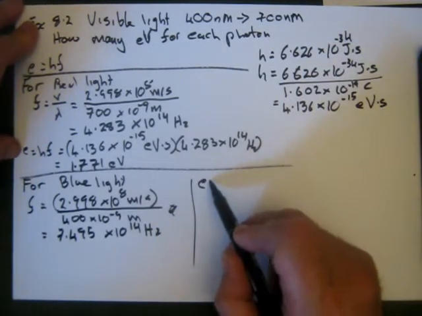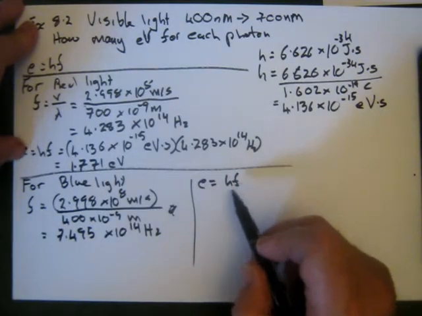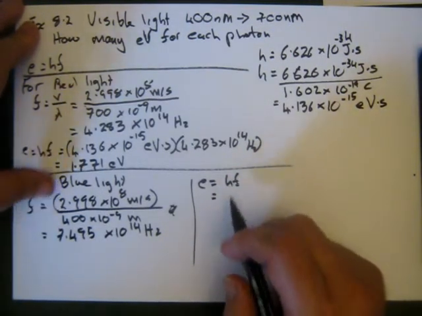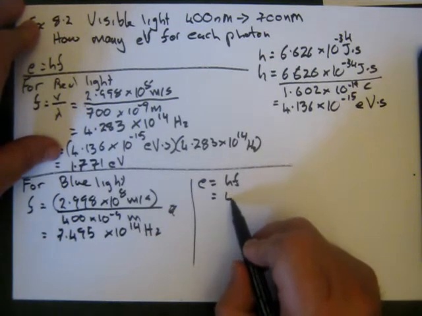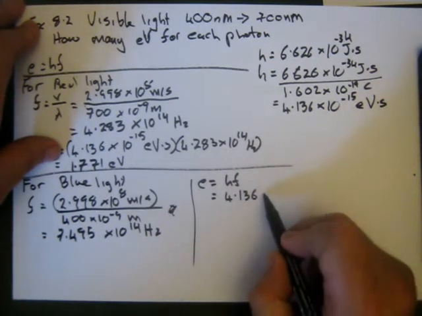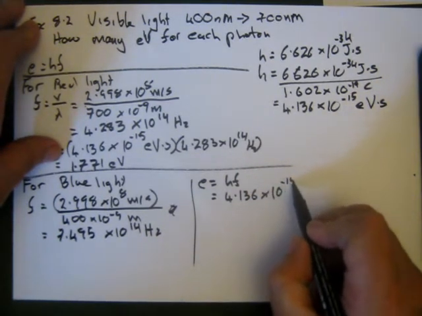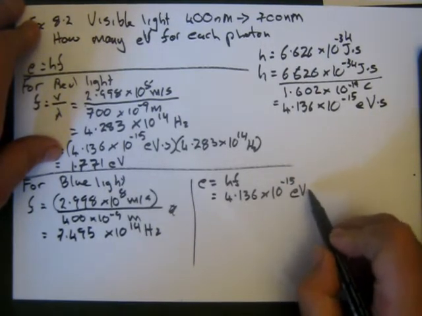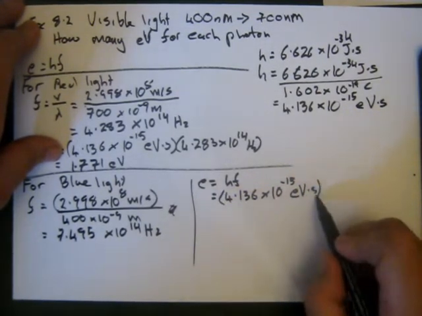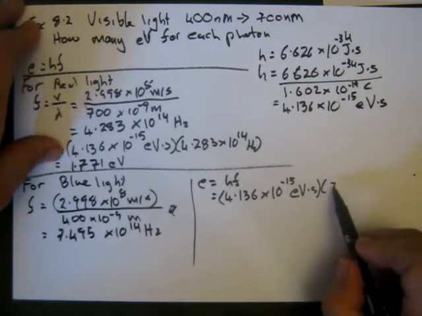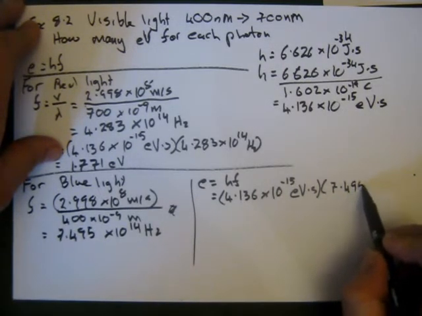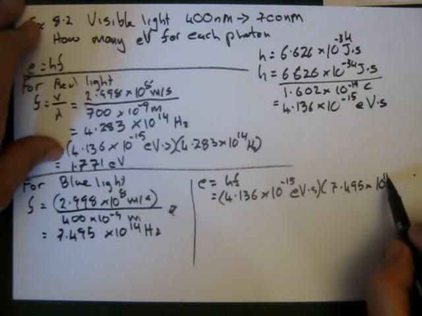And let's put this over here. So energy is going to equal hf, which is going to equal 4.136 times 10 to the negative 15 electron volt seconds, times the frequency, which is 7.495 times 10 to the 14 hertz.